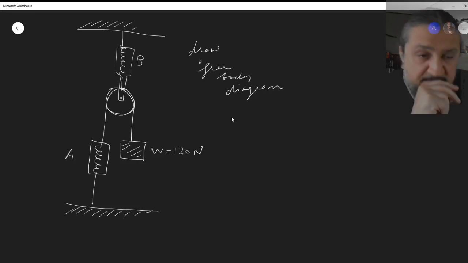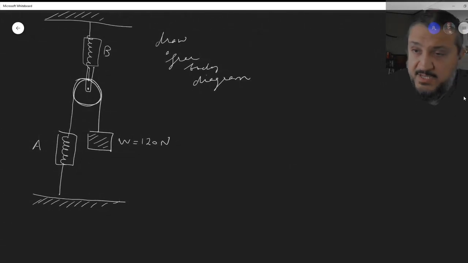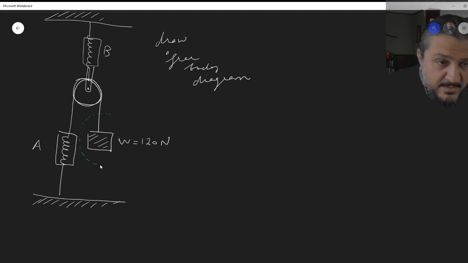For what? Well, we have the scales, we have the pulley, we have the weight. Let's start with the weight. So I'm going to isolate the weight here and draw a free body diagram for that weight only.